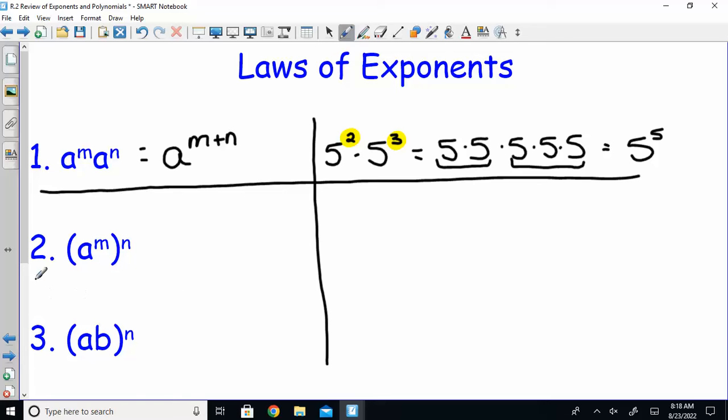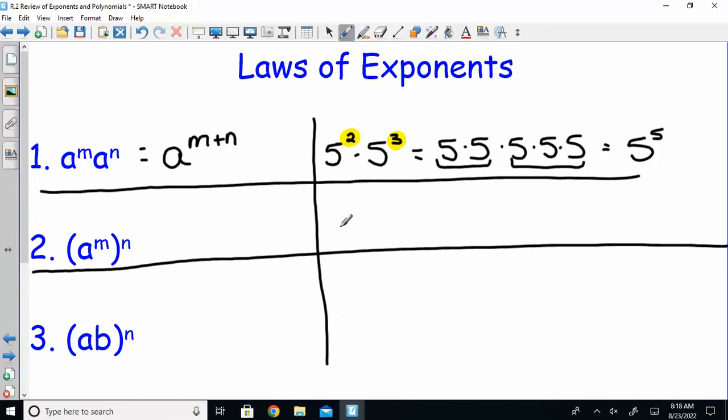All right, second one. A to the m to the n, a power to a power. So if I said 5 squared to the third. Okay, we know 5 squared means 5 times 5. What does that third power mean? Multiplying the exponent.